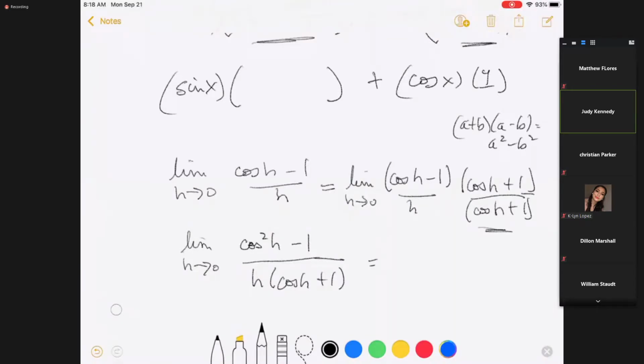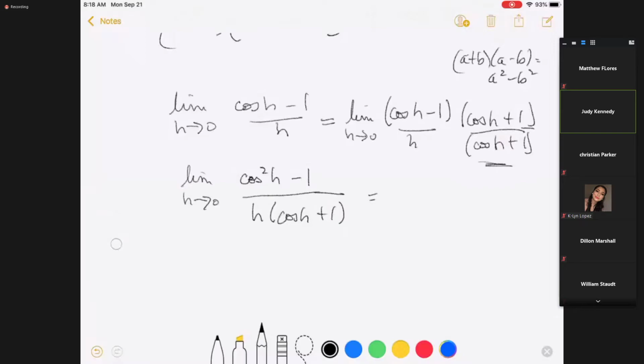Okay, and then another identity is that sine squared of h plus cosine squared of h is 1. And h can be any number, and it's still true.